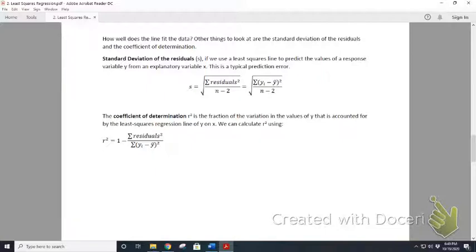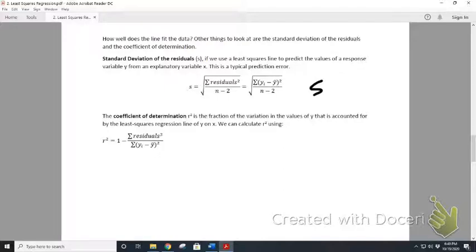Standard deviation of residuals, the formula is right there, but typically it's going to be given to you guys in a box of data. We'll look at that in another example problem. But usually it's identified as just S, and that's the standard deviation of residuals.